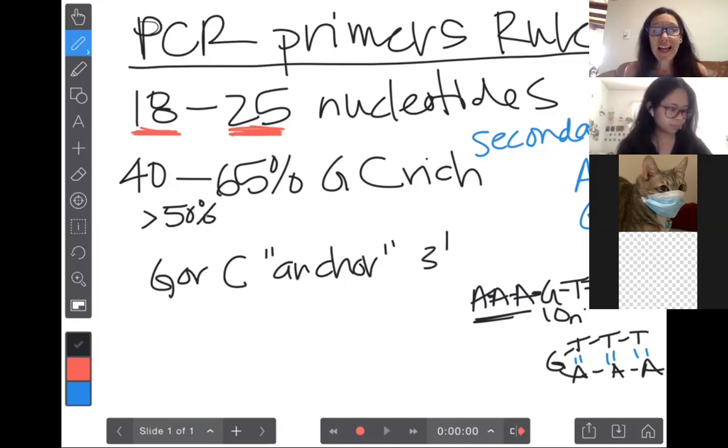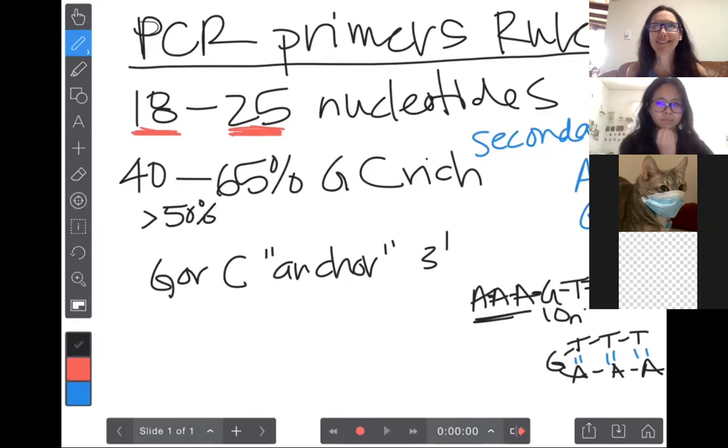We want that based on the rules of how physiology works. PCR is just DNA replication in a test tube. All it is. We're just making it happen. Real DNA replication happens in your cells when it's in S phase. And what do we know about the 3' end of a primer in DNA replication?